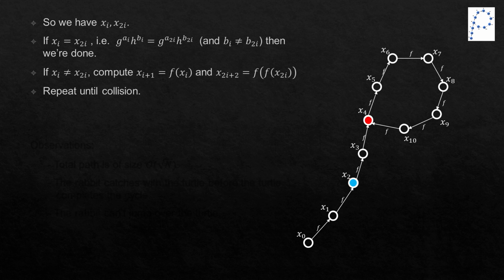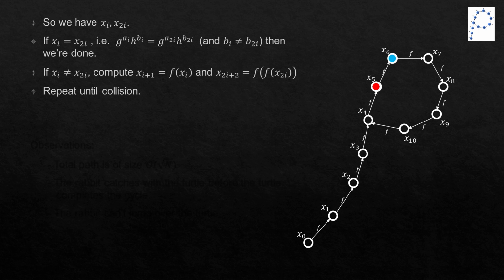Then x2 and x4, which are different, so I throw them away. The next pair is x3 and x6. They are different, I throw them away. x4 and x8, different, I throw away. x5 and x10, different, I throw them away. And you kind of see where it goes, right?